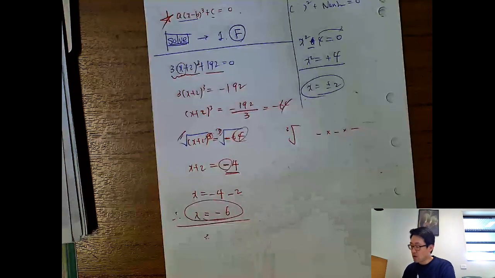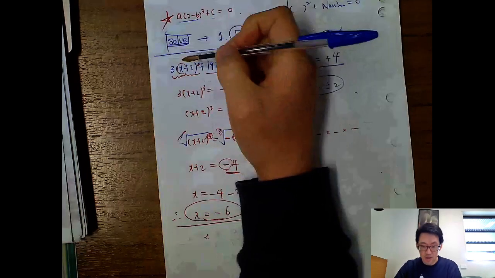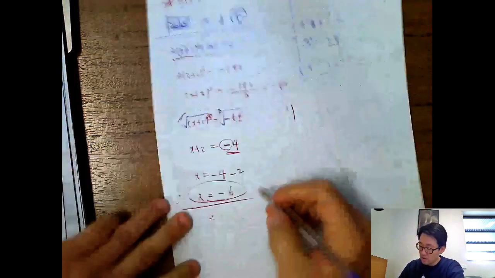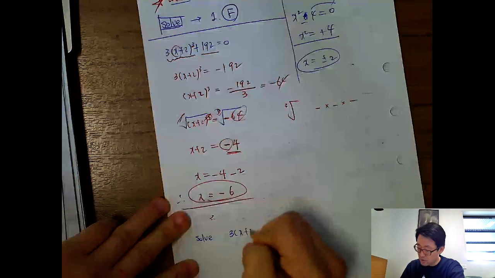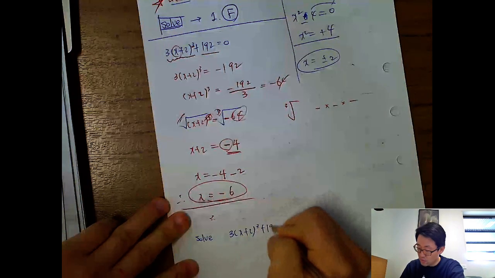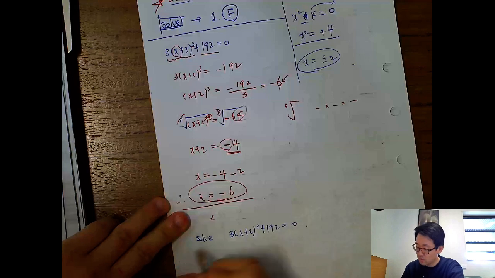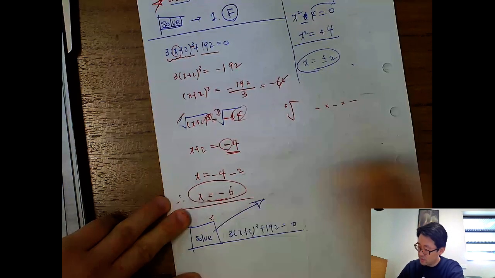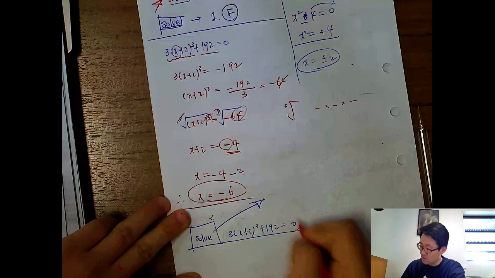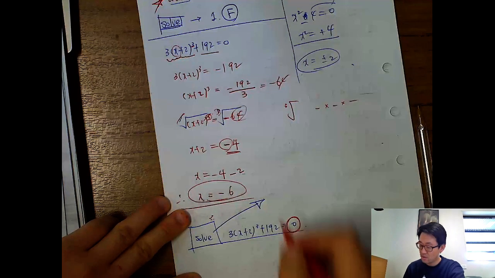That's simple enough. The first thing, this question is going to be written as solve 3x plus 2 cubed plus 192 equals 0. They said solve, which is already given there, isn't it? Solve.